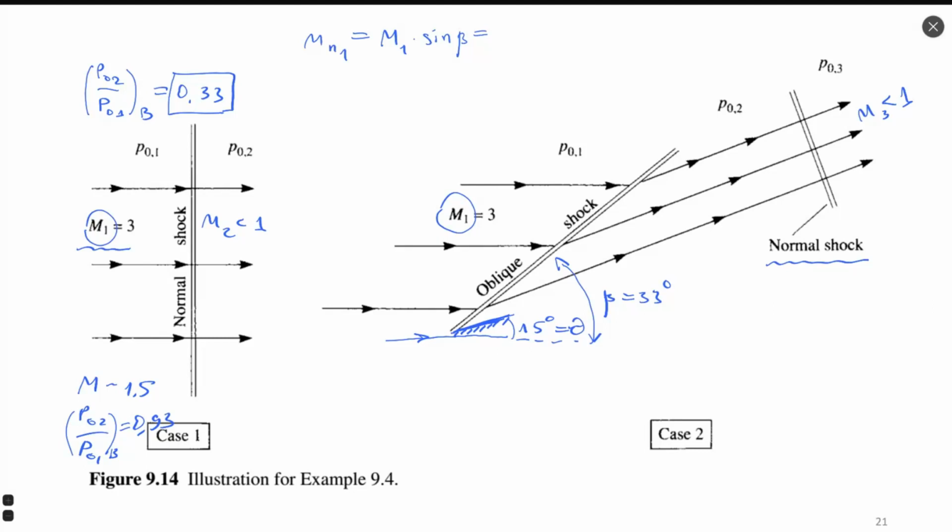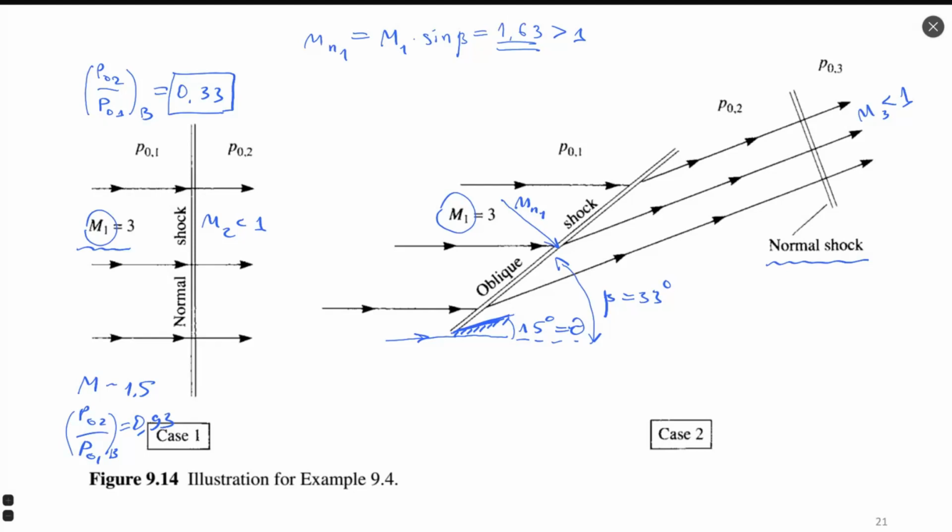The first checkpoint in this calculation is the following. This result, 1.63, is supposed to be bigger than 1, so it should be supersonic, because it is the normal component of the Mach number. I will make this schematic. I will write Mn1 is supersonic before the shock wave.